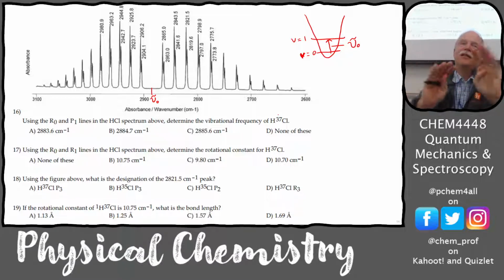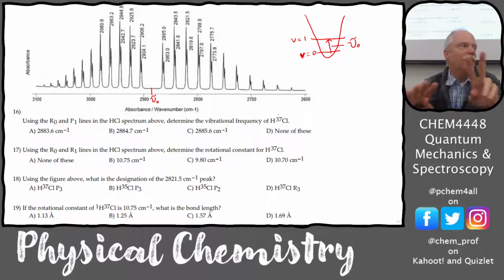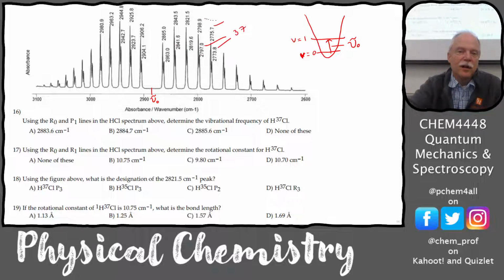In fact, it's 3/4 of the way to 35, and so it ought to be like a 4-to-1 ratio. So it's going to be mostly HCl35, and 37 isotopes are going to be the smaller peaks. So these are 37s, and these are 35s. All the smaller peaks are the HCl37s. And so we would use these two right here.